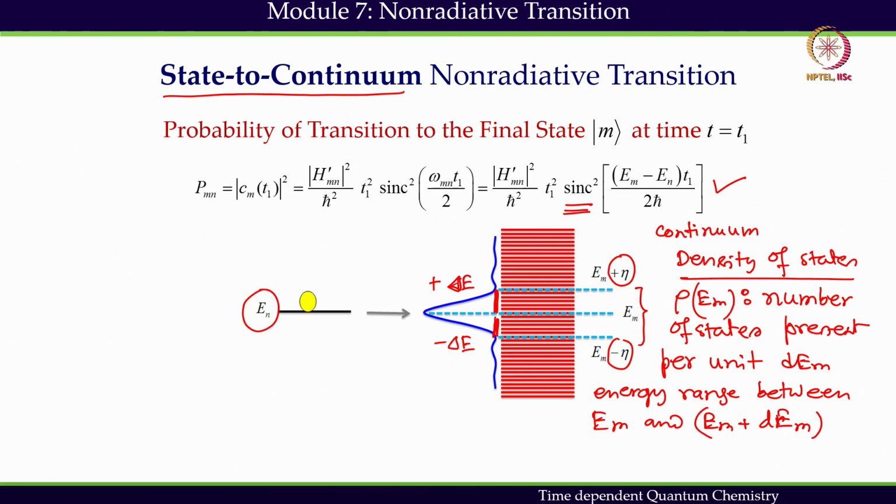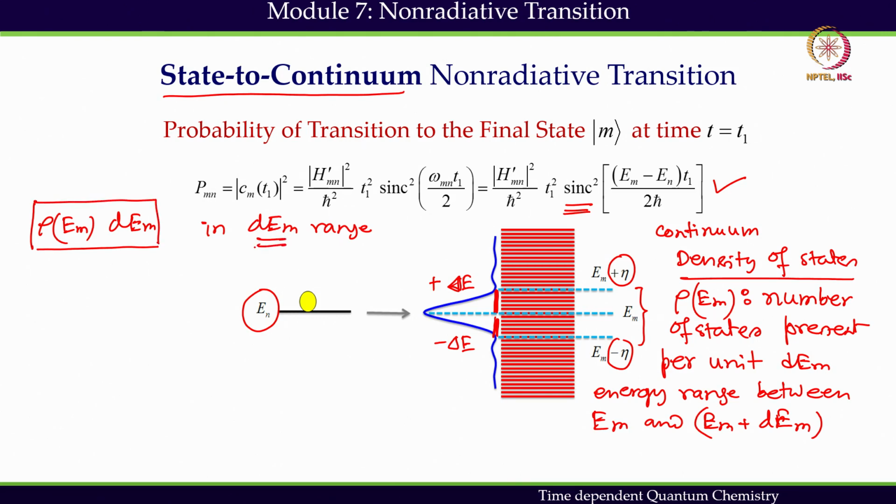So in that case, this ρ(E_m) dE_m will represent the number of states present in the dE_m range.